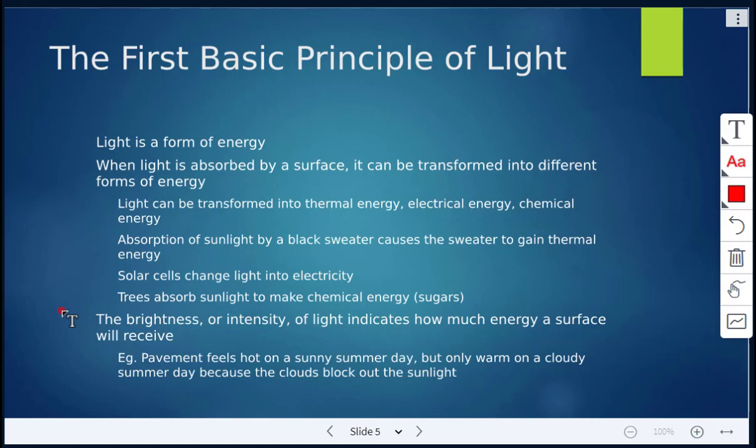The brightness or intensity of light indicates how much energy a surface will receive. So for example, on a hot summer day, the pavement or sidewalk can start to feel really, really hot. But on a cloudy day, it'll only feel warm because the clouds are blocking out that sunlight.